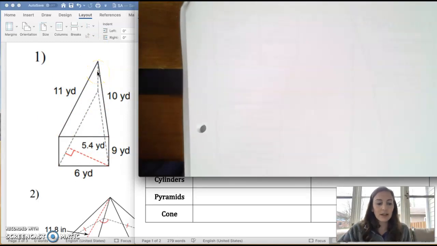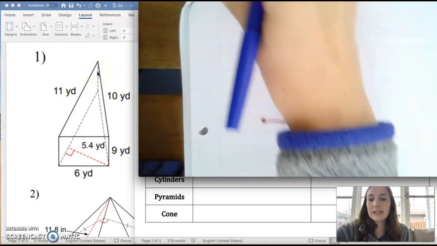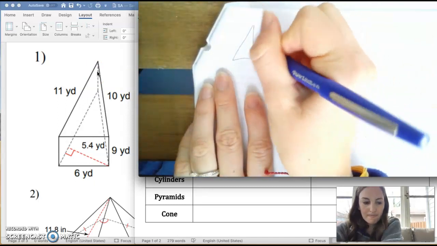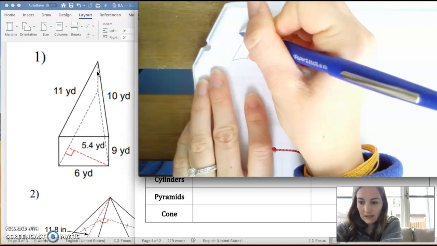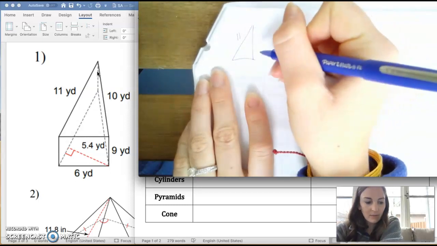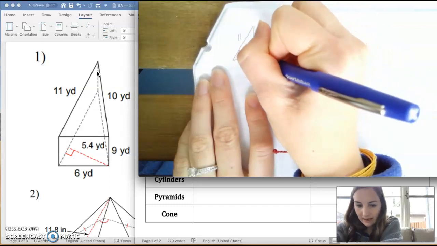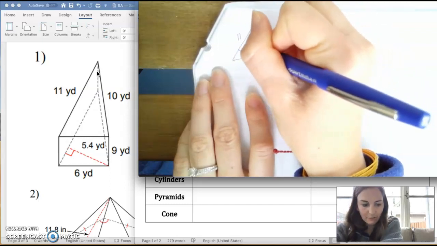So let's start with the top here. So the top, if I'm doing this triangle, this is 11, and we have 10, and we're told that this height here is 5.4.